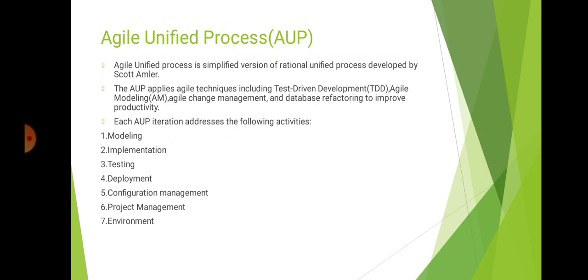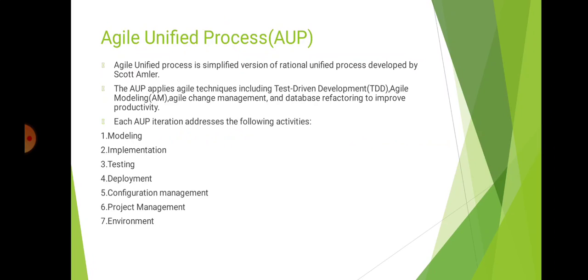The AUP applies agile techniques including test driven development, TDD, agile modeling, AM, and agile change management and database refactoring to improve productivity. And the AUP adopts a serial in the large and iterative in the small philosophy for building computer based systems by adopting the classic UP phase activities like inception, elaboration, construction, and transition.